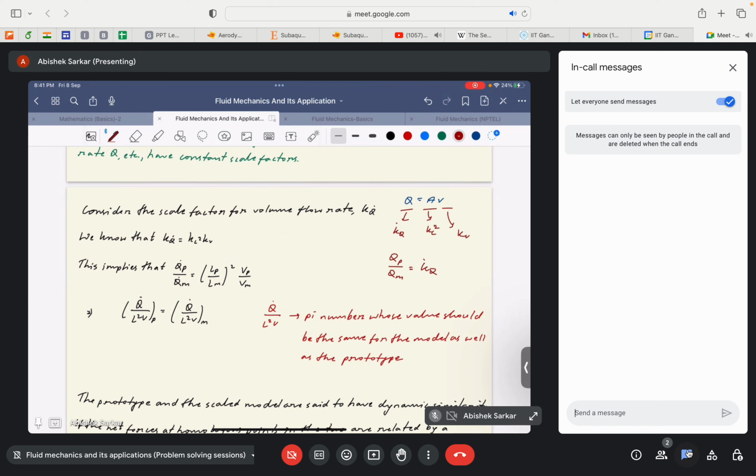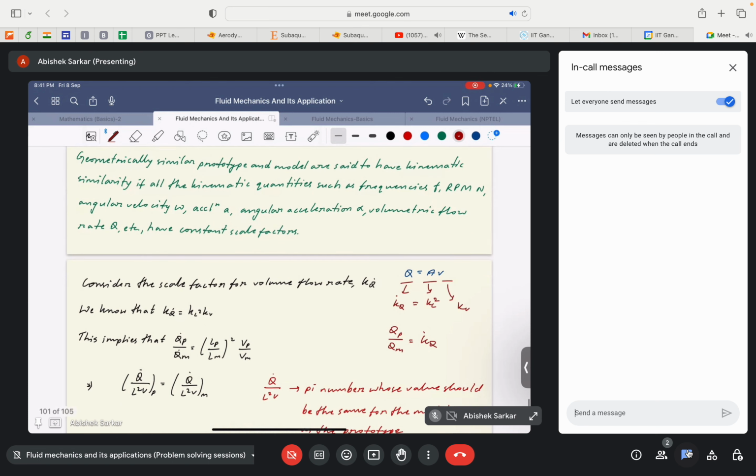So it essentially tells us that since this volume flow rate is a multiplication of A into V, these scaling factors should have constant values. If all the kinematic quantities have constant scale factors, then this should be constant, right?